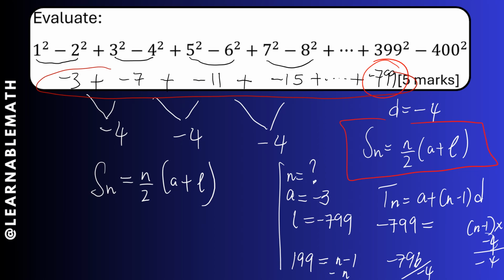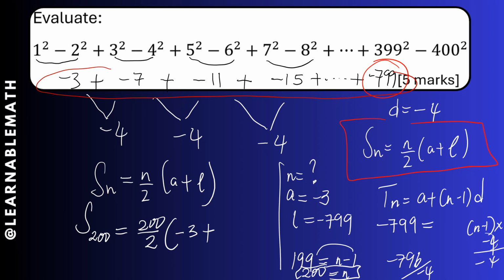The minus 1 comes to this side, then we know that we are adding 200 terms in this case. Then we can find the sum of 200 terms to be 200 over 2, times our a, which is negative 3, plus the last term, which is negative 799.